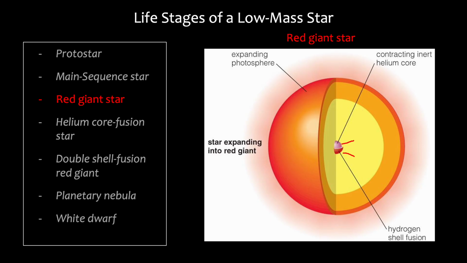Once the helium core reaches about 100 million Kelvin, it will be hot enough for the helium nuclei in the core to fuse, and the sun will enter the next stage of its life. At this stage, there's an interesting phenomenon we call degeneracy, and we will talk about that later on.